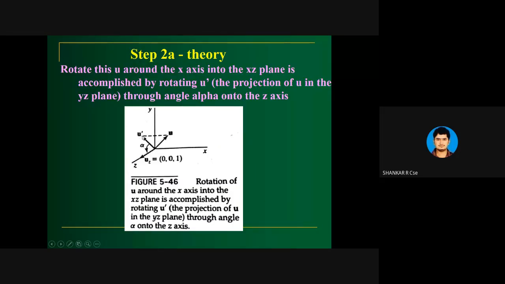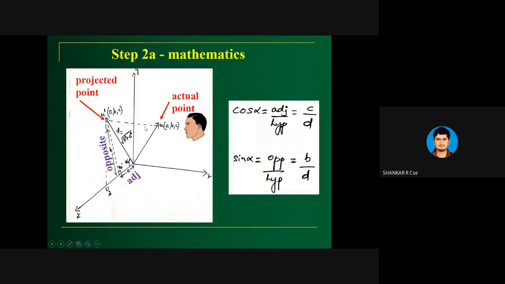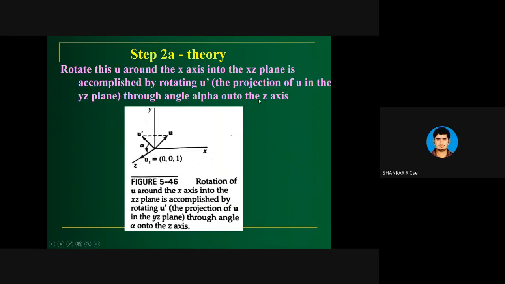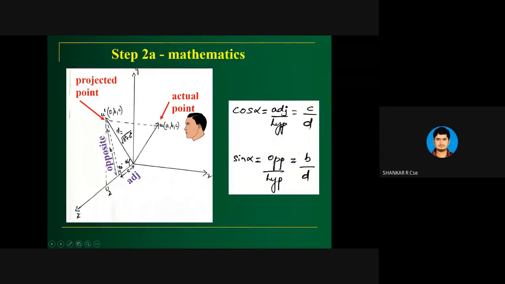U dash is the projection of u in the yz plane. So this is your yz plane. U gets projected as u dash. Since you are now rotating around the x-axis, rotate this u around the x-axis. The x-axis doesn't get affected. That is why it is written as 0, and the others will get affected.